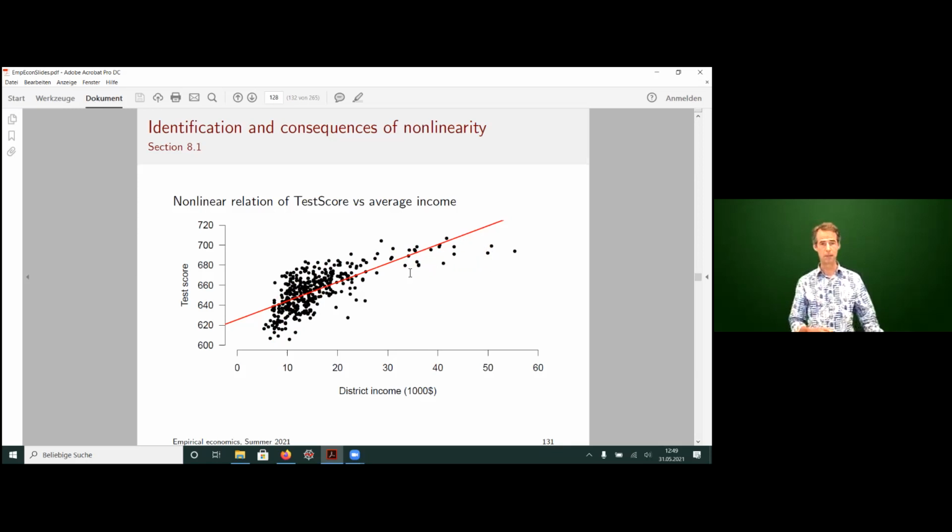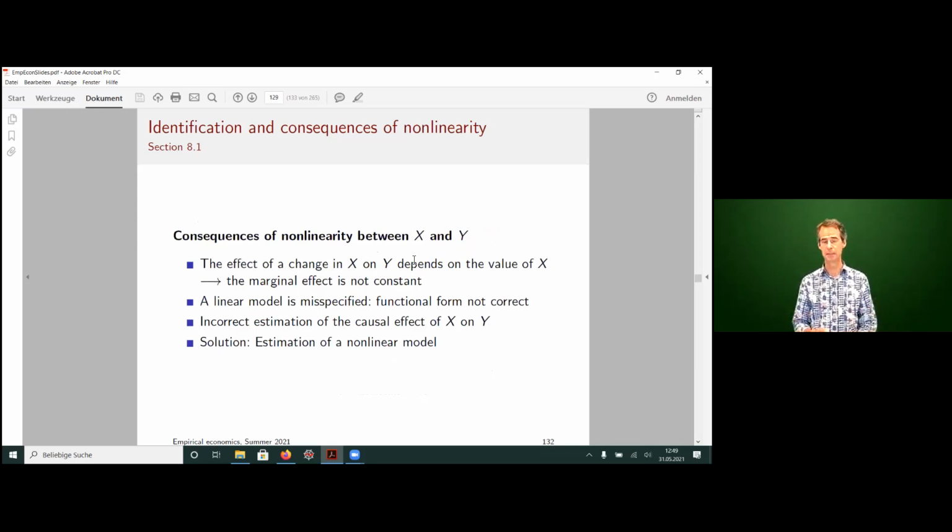So our policy advice would be based on the slope of the red line, but that's not the correct slope. The slope is steeper here, and less steep up here. And therefore, our policy advice would be wrong, would be misguided. Okay, and we shouldn't do that. So it's really a severe problem and we should do something about that.